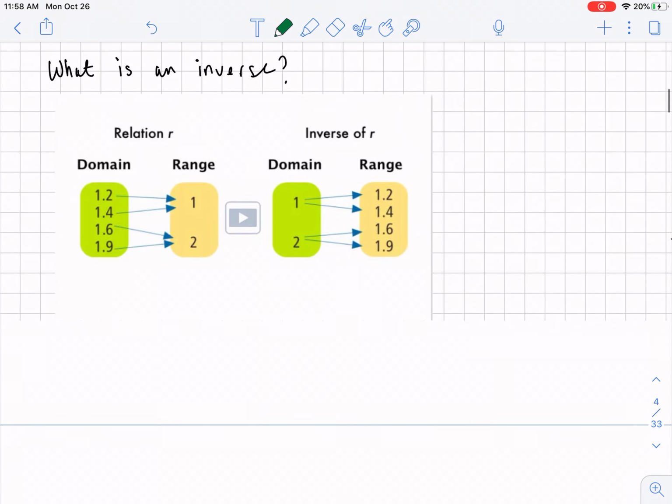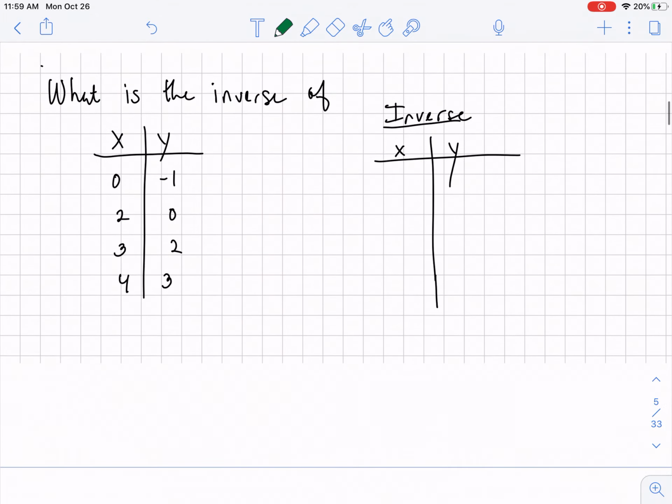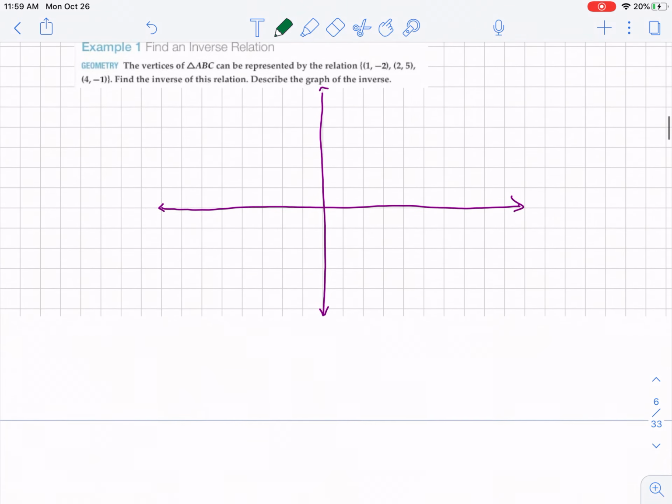I talk about inverses. I'm just trying to remind you of what inverses are. If you had an XY chart, the inverse of this function would be that you switch up the x's and the y's. Not the most important thing, but I'm just reminding you from Algebra 2.